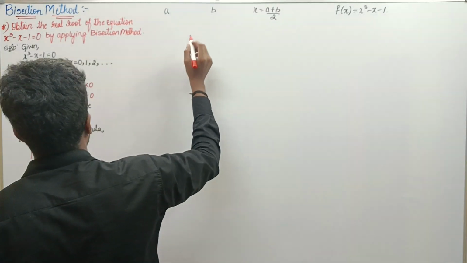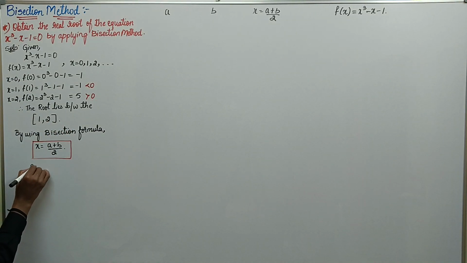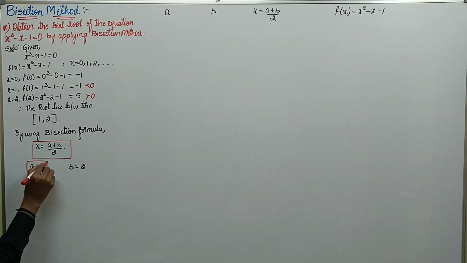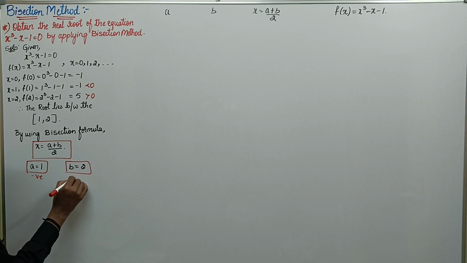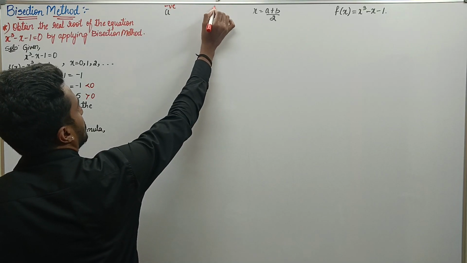You will represent a and b, where a represents 1 and b represents 2, where a is negative and b is positive. Done? So represent here negative and positive.